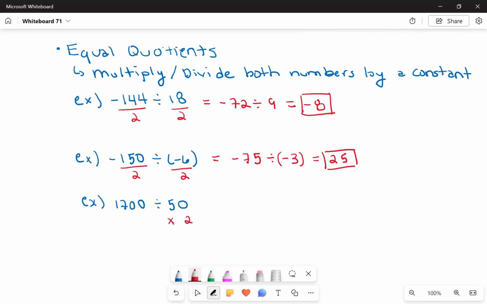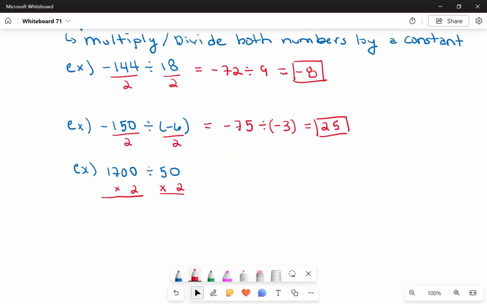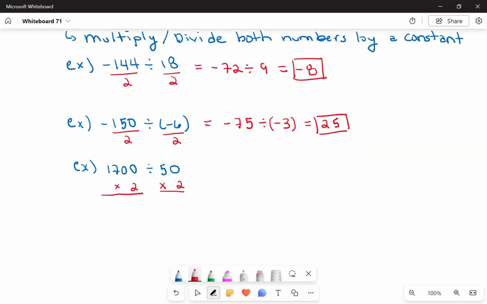I'm going to multiply by 2. The reason is 50 times 2 is 100, and I like that better. So that's going to give me 3,400, and this is going to give me 100. Well, that's just going to be 34. So we're using something common like that to multiply both terms and try to make our life a little bit easier.